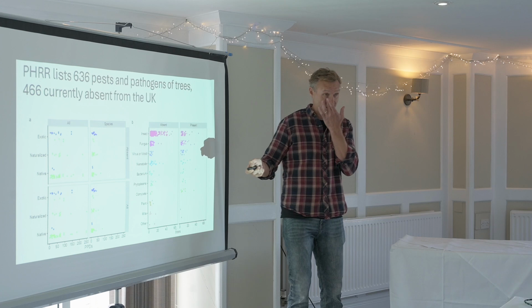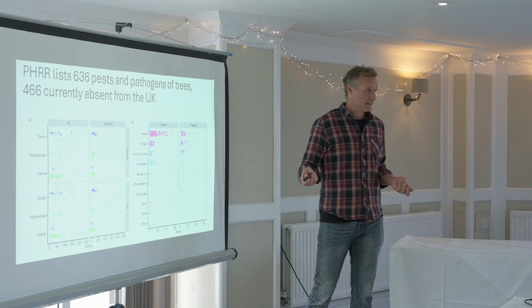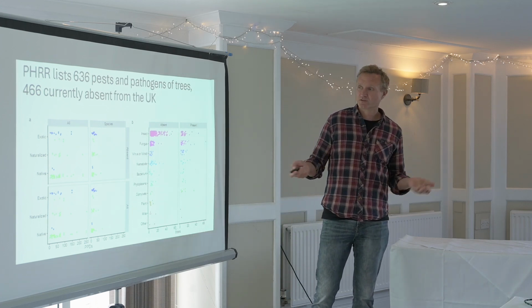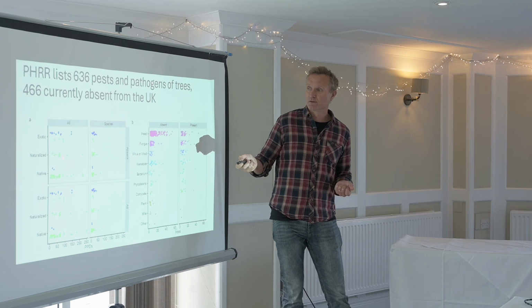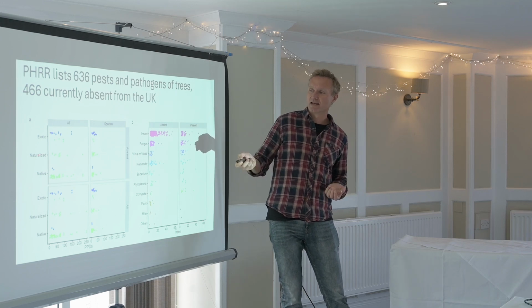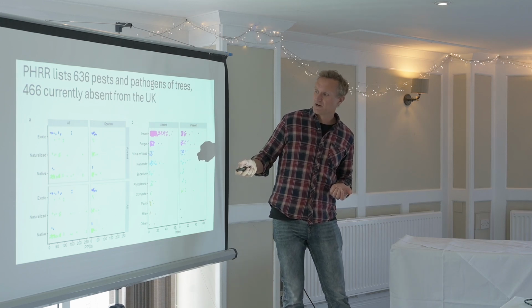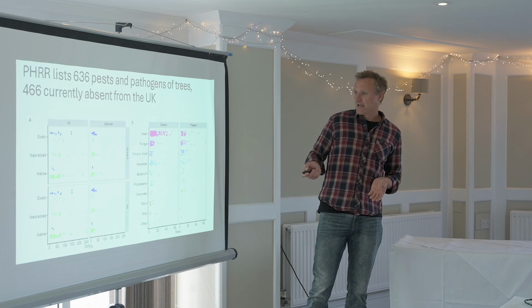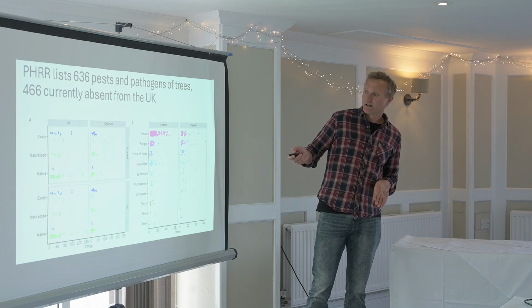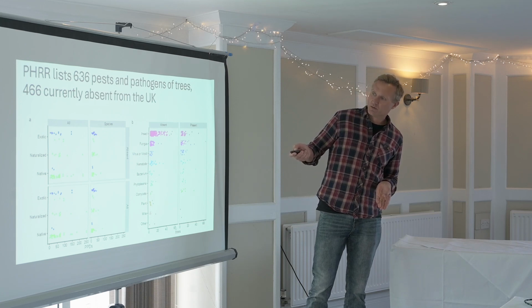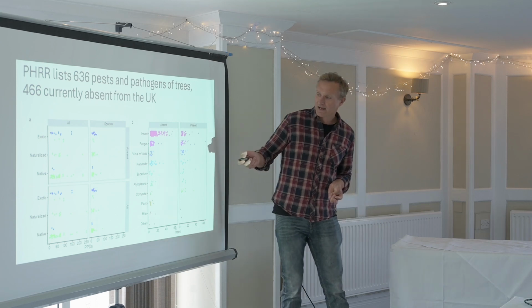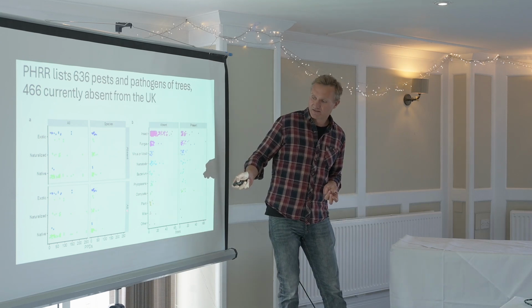So those are things like, let's say, horse chestnut, which was imported by the Romans, but we kind of consider it to be native, and the native trees. So I think the blue are the softwoods, and the green are the hardwoods, and this is for the absent pests, and this is for all pests.